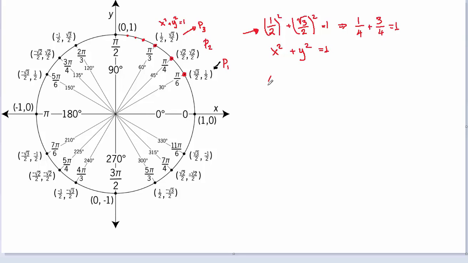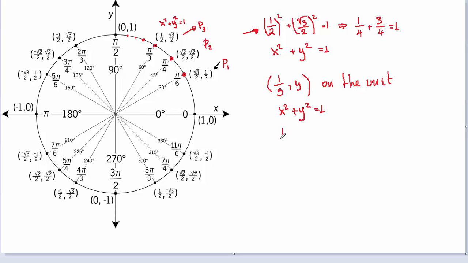So, if someone gives you a point, like let's say the point (1/5, y), and asks what y should be in order for this point to be on the unit circle, the only thing you need to do is solve the equation x squared plus y squared equals 1 for x equals 1/5.